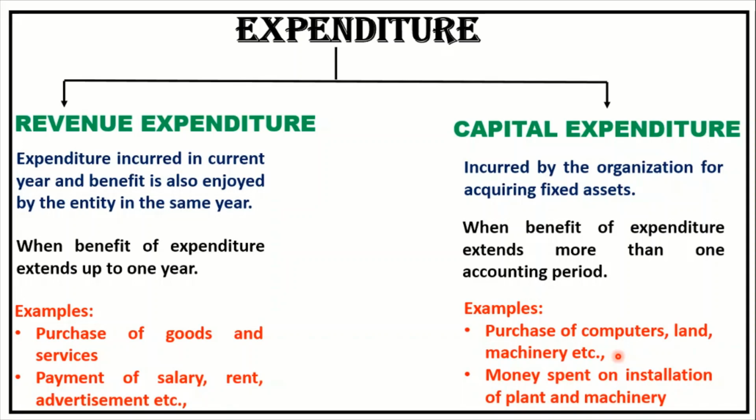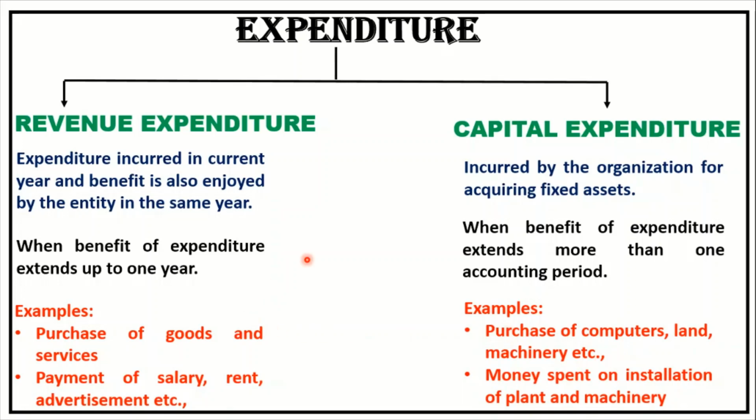So when you purchase a new machinery and pay whatever charges to install it, that also will be added to this machinery only. So that is also your capital expenditure, because the amount paid on a fixed asset for installation is added to that fixed asset only.